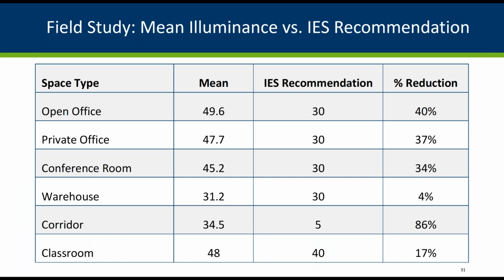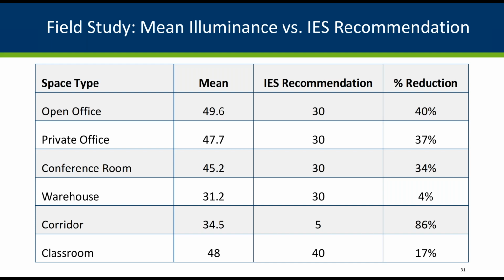Within these buildings, we quantified the mean illuminance for our sample by space type. We then calculated the degree to which the mean illuminance differed from the IES recommendation for each space type and expressed that as the percent reduction needed to bring the mean into agreement with the recommendation. For all space types, the mean illuminance was higher than the IES recommendation.